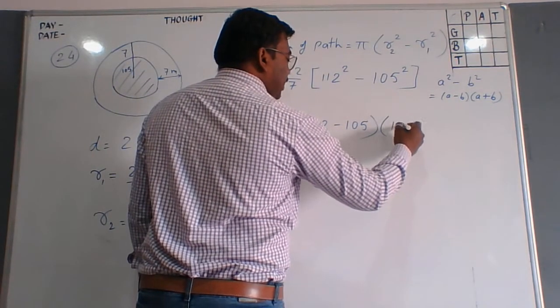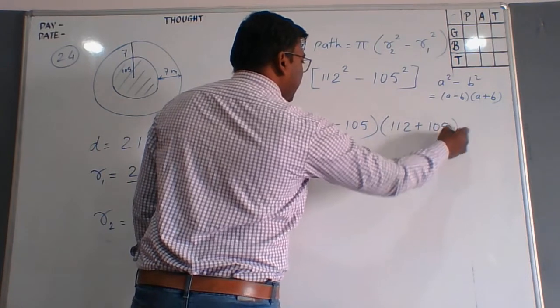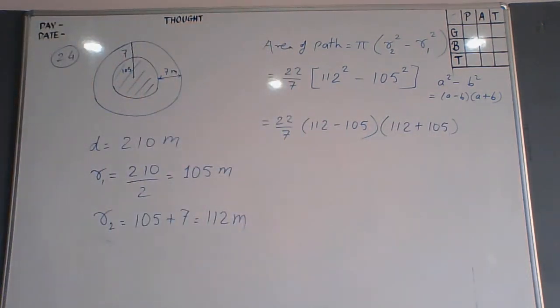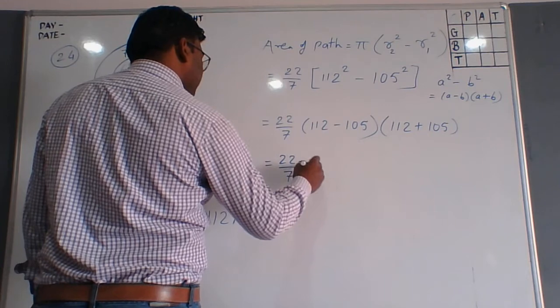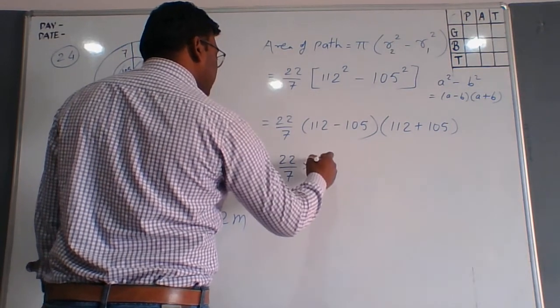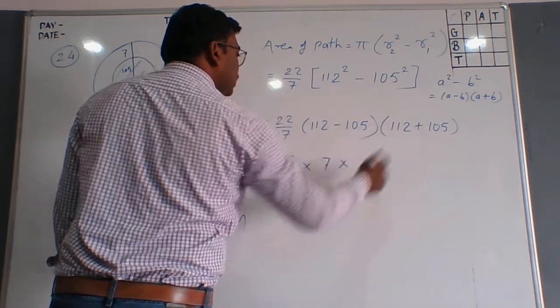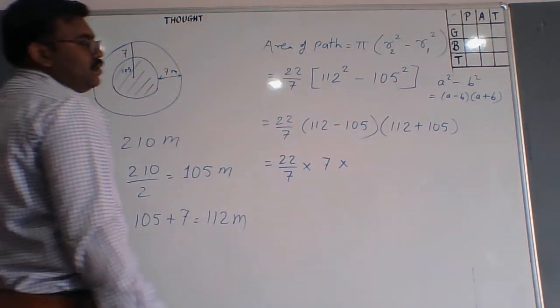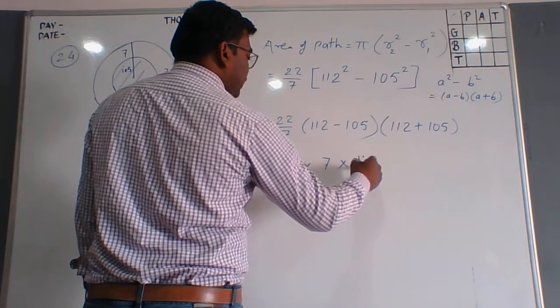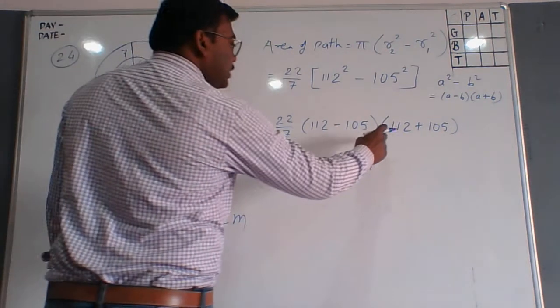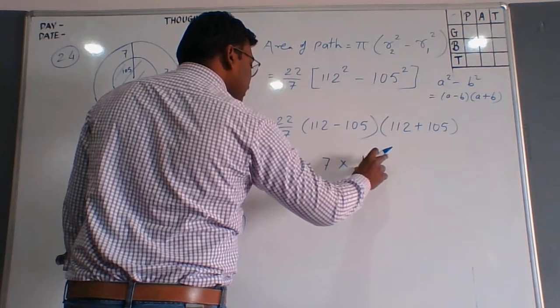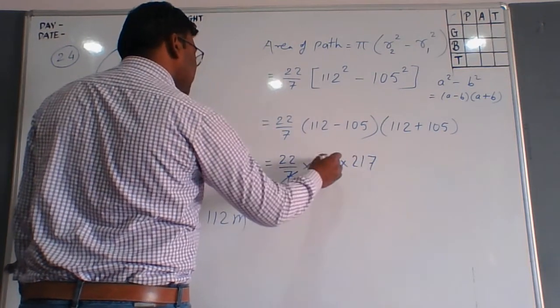In the next bracket, 112 plus 105, a plus b. Now 22 by 7 will remain the same. Subtraction of these two is 7 and addition of these two is 217, right? So 7 and 7 will get cancelled.